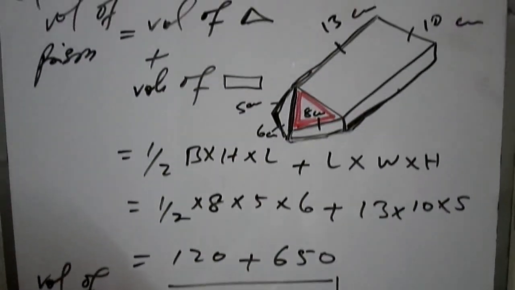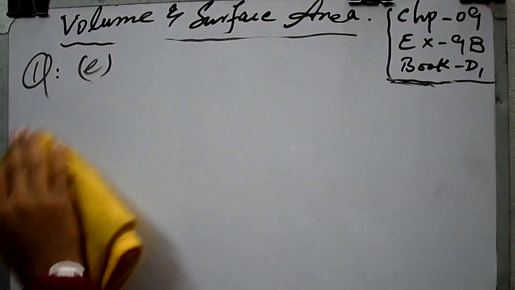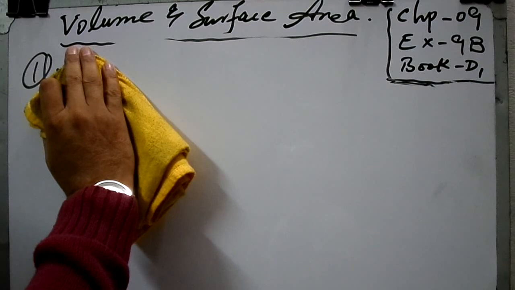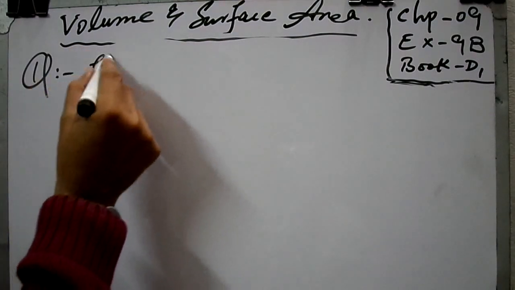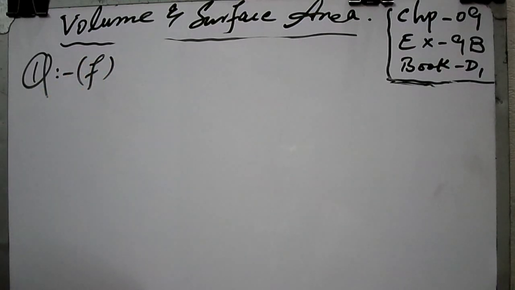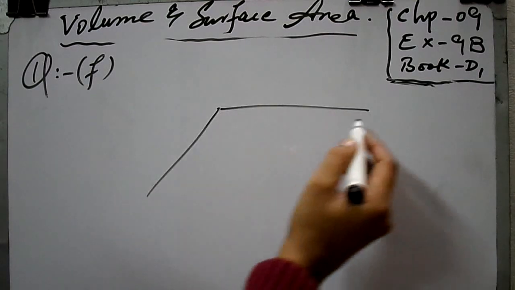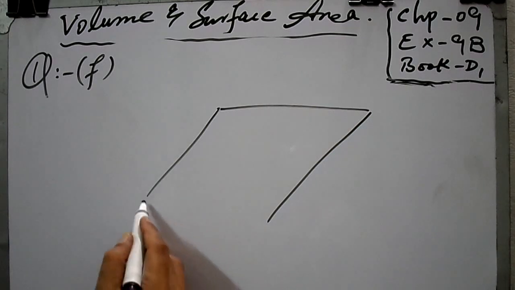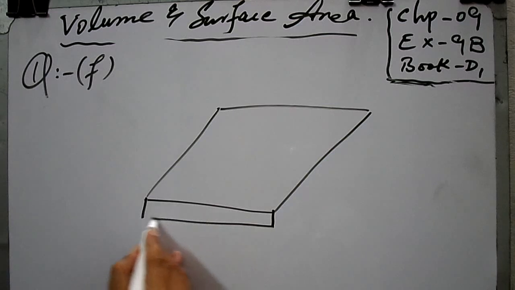So coming to the next part, you can see F part. In F part you can see here again a very difficult diagram is given to us, but we are going to draw it here. You can see here like this, the height is like this.